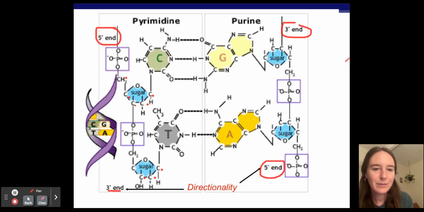First, let's find our carbon 1. If we look at this sugar here, which one's our carbon 1? Remember, carbon 1 is always connected to your base. So this is our first carbon, and we can't go this way because that's an oxygen. So let's go here, carbon 2, carbon 3. That's our 3' end. Carbon 4, carbon 5.